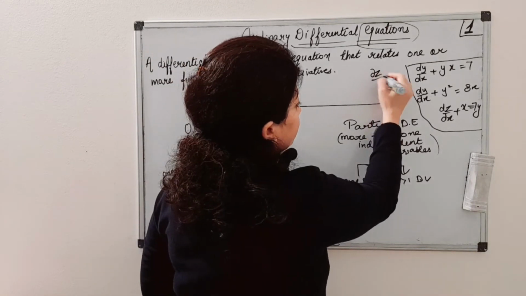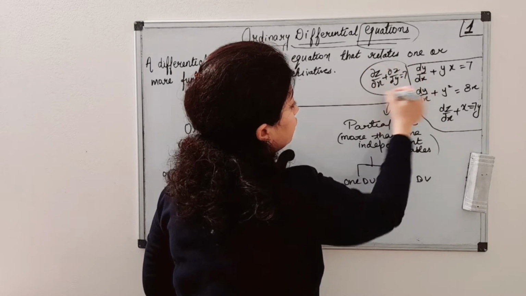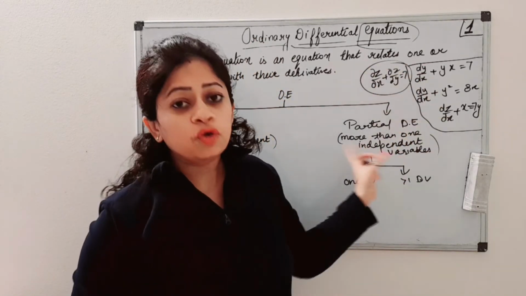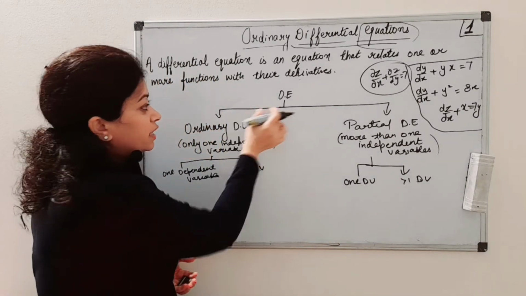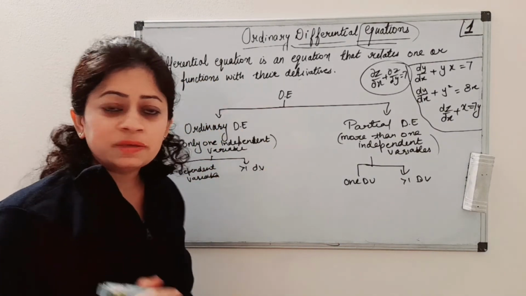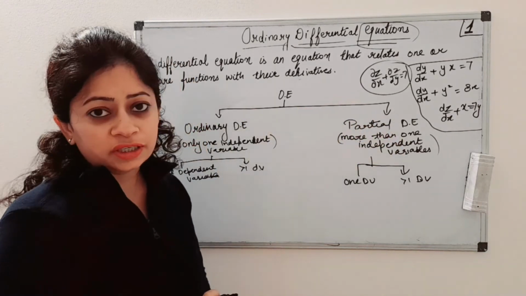Suppose we have del z by del x plus del z by del y equal to 7. These types of equations are called differential equations. Further, we classify differential equations into two types: ordinary differential equations and partial differential equations.